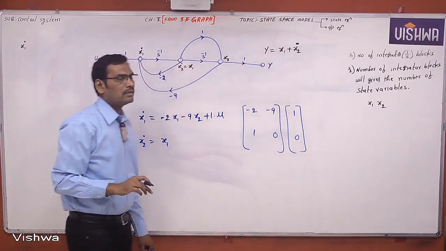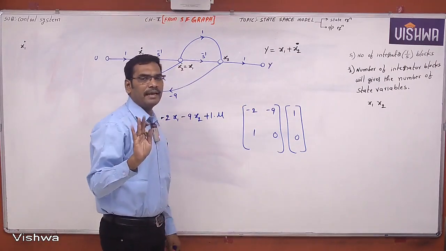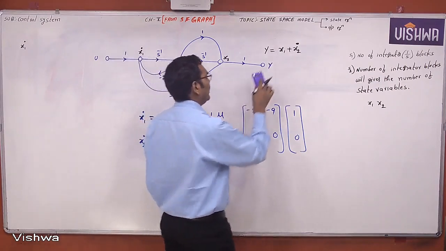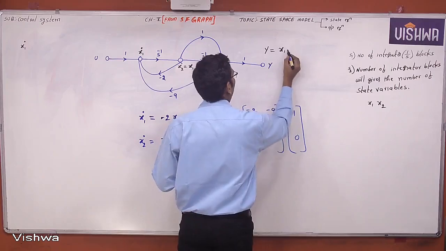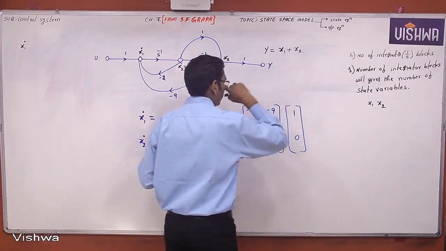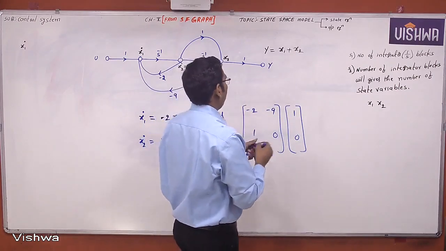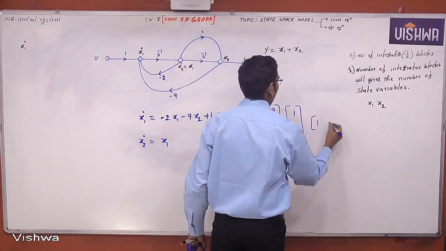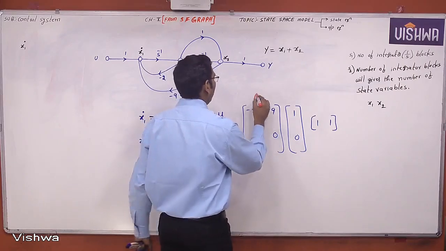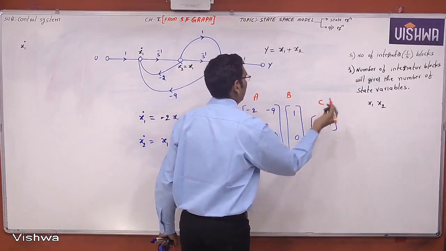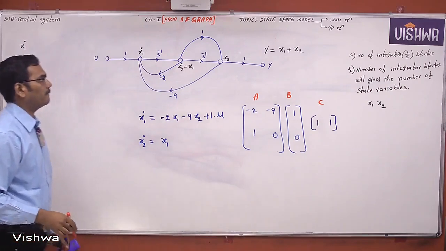Wrong, because the output equation will never have a dot. The output is in terms of only state variables and inputs. So Y equals x1 plus x2. Therefore the C matrix is 1, 1. This is matrix A, matrix B, matrix C.